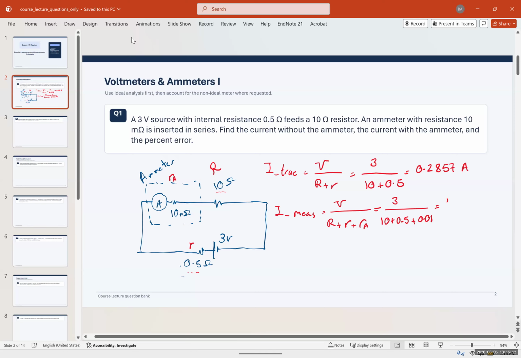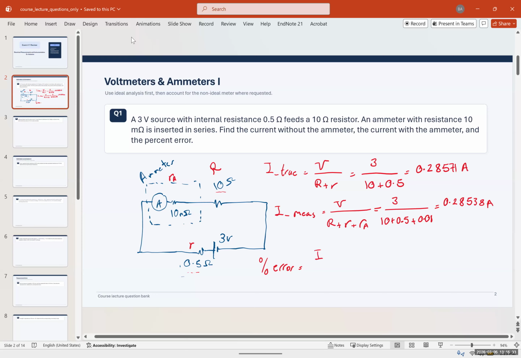And this would be equal to 0.2853, 538 amps.